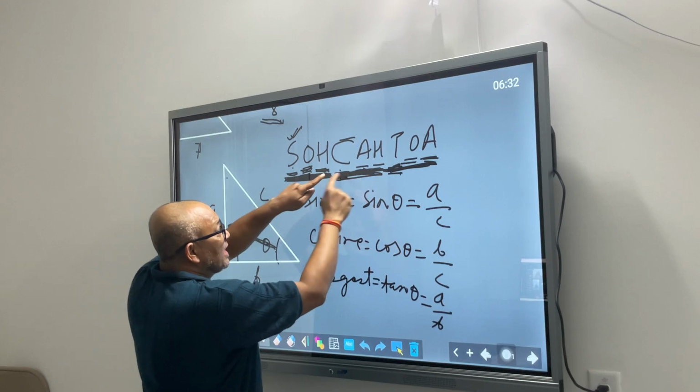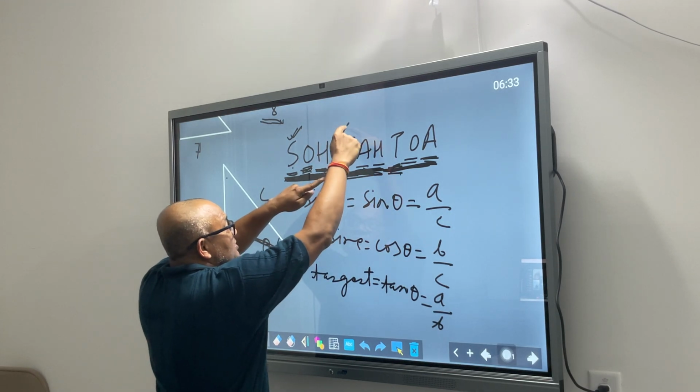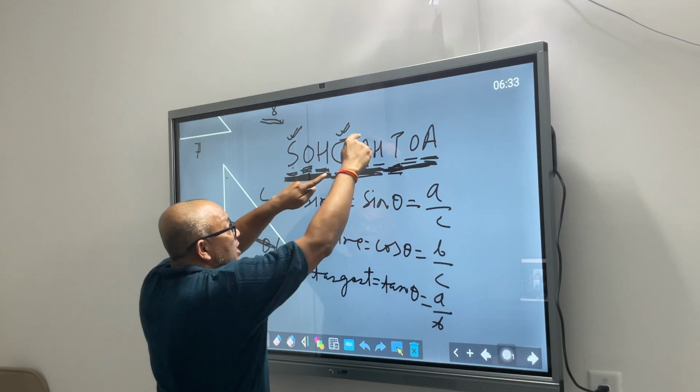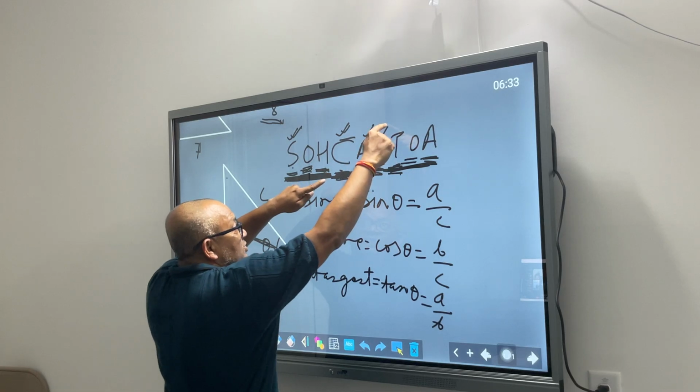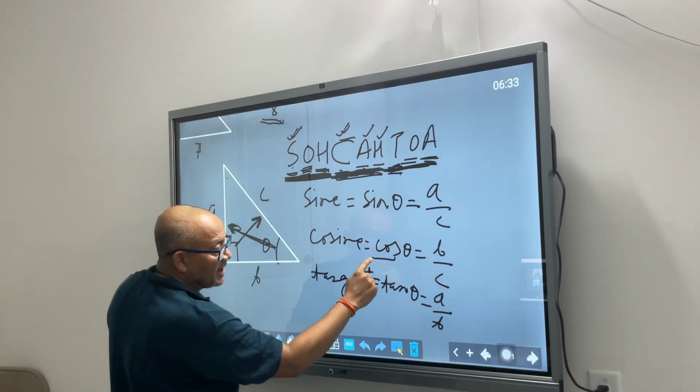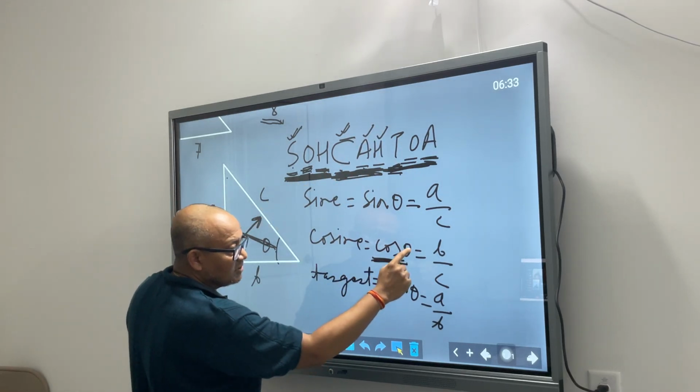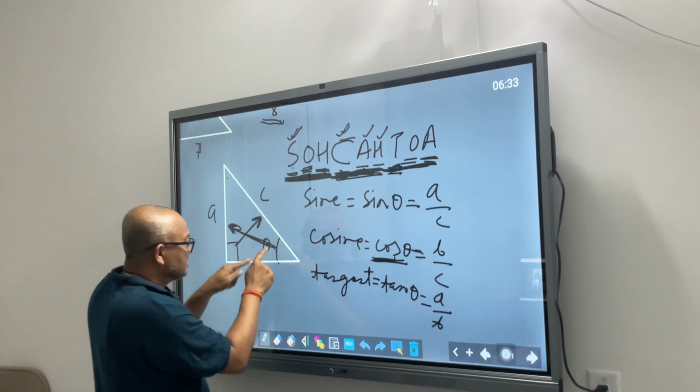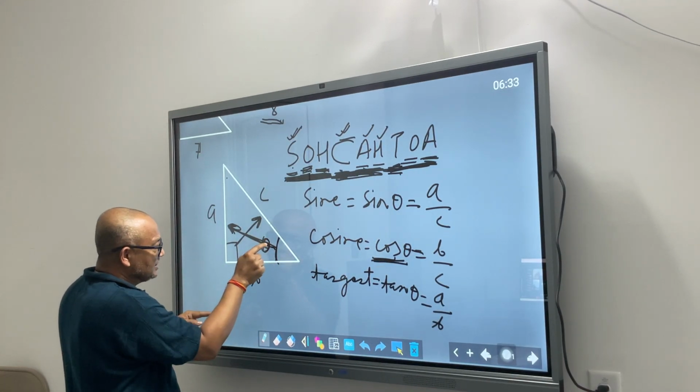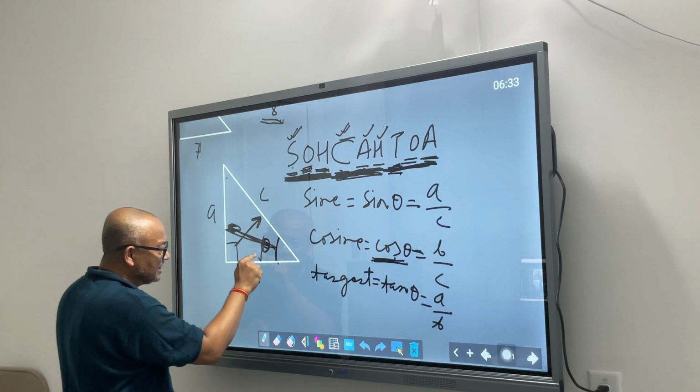CAH says cosine of an angle will be equal to adjacent side divided by hypotenuse. So cosine of angle theta is equal to adjacent side. For this theta, this is the opposite side and this is the side adjacent to it.